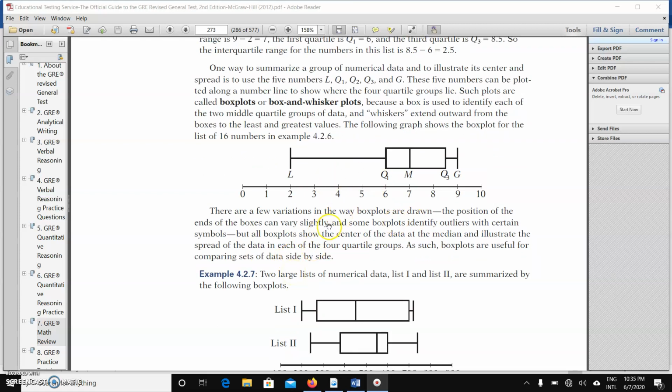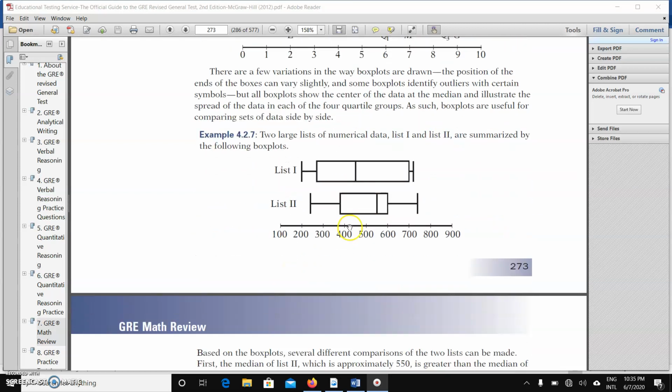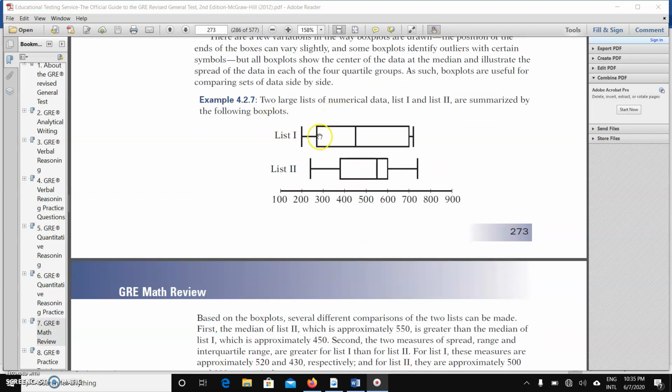So that's how. Let me show you some example here. Now, these two, list 1 and list 2, are plotted like this on the same scale. Here is the greatest number, that's around, I'm not sure, let me look down, that would be around 750. This is the Q3, that's around 700.